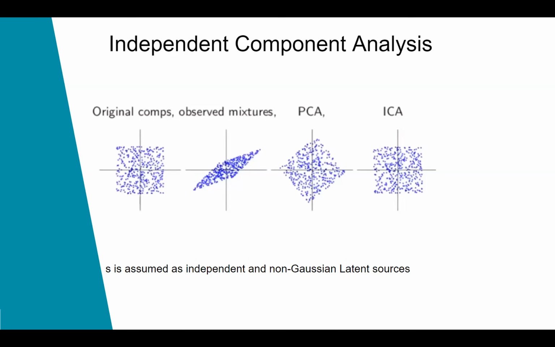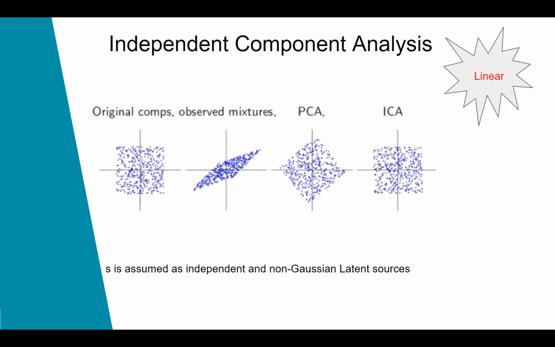For ICA, we detect that rotation part and can finally identify the original sources. Linear ICA assumes the sources are independent, with at most one Gaussian source, and this is a linear setting.